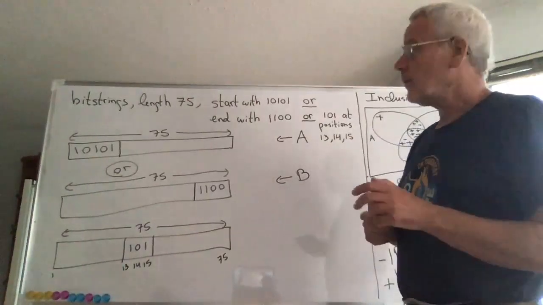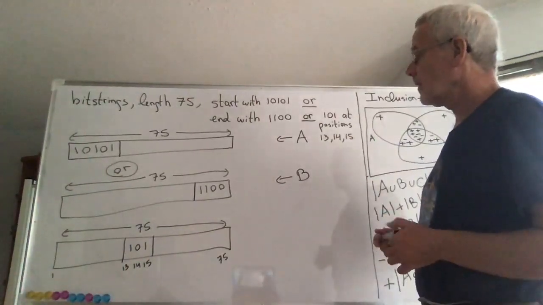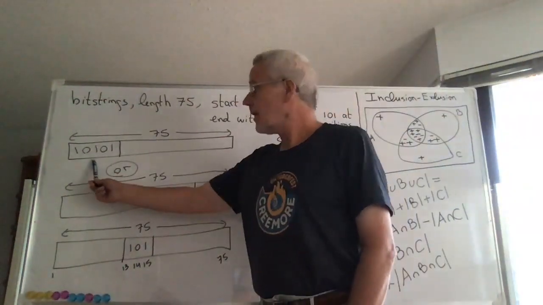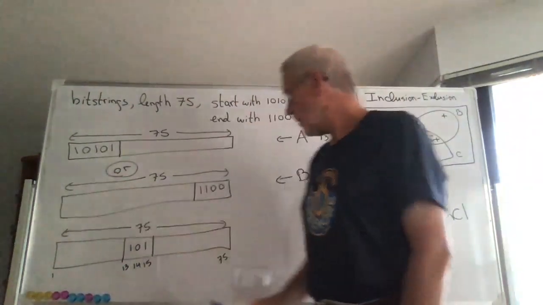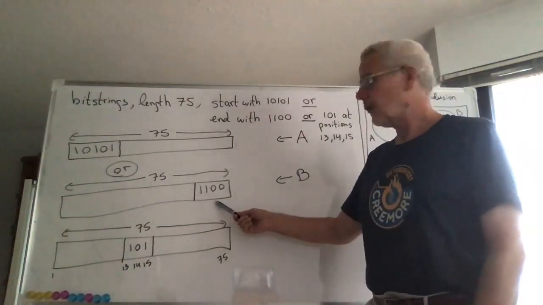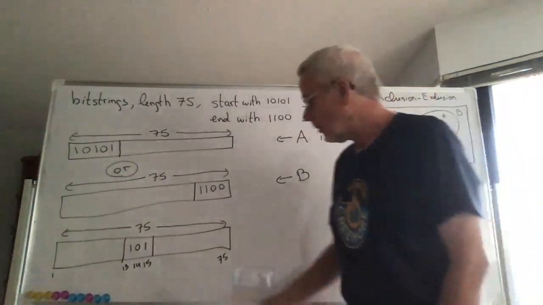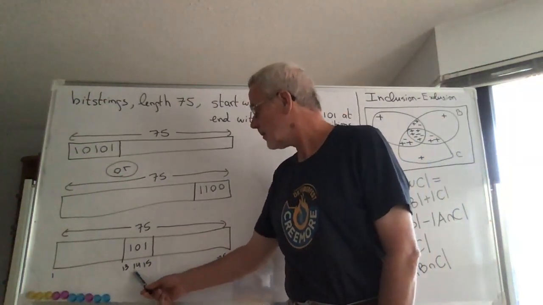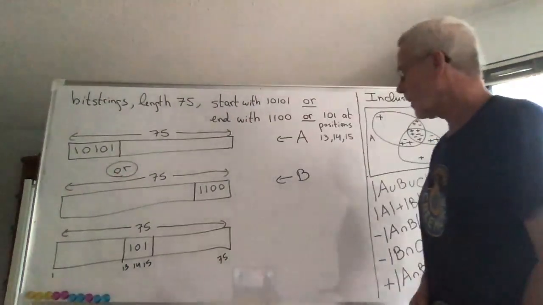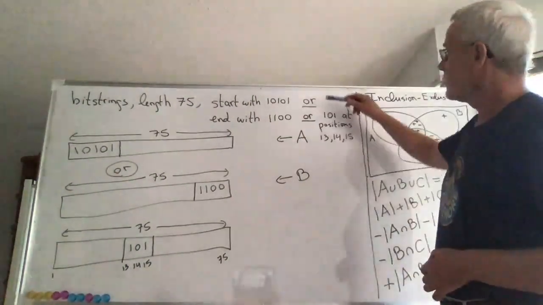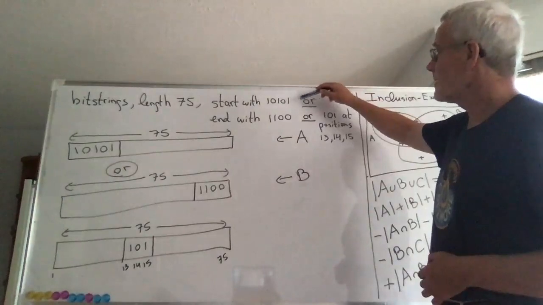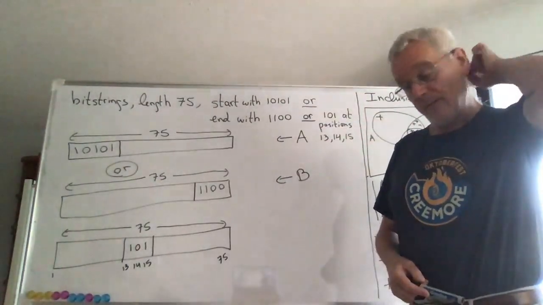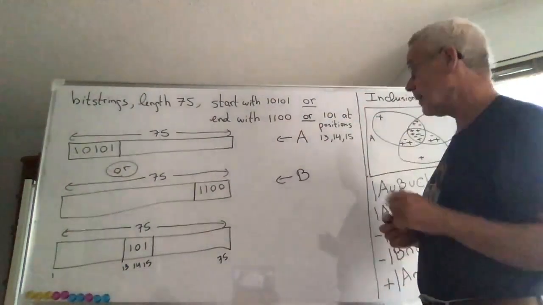Okay, so we want to count the bit strings of length 75 such that the first 5 bits are equal to this, or the last 4 bits are equal to this, or if you look at positions 13, 14, 15, you must see 1, 0, 1. Okay, so this is strings of this type, or of this type, or of this type. And remember, or corresponds to a union.